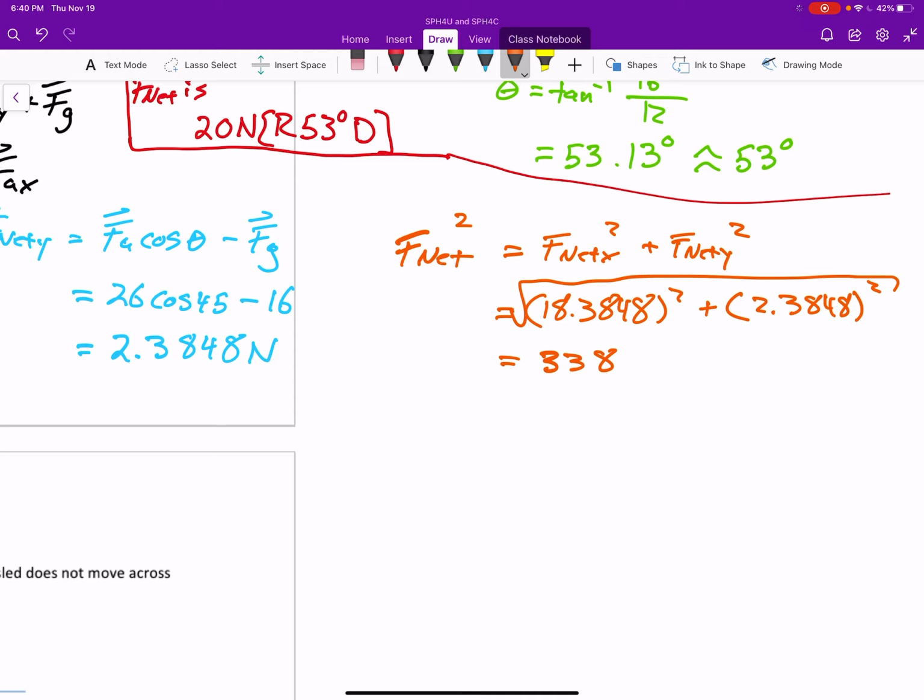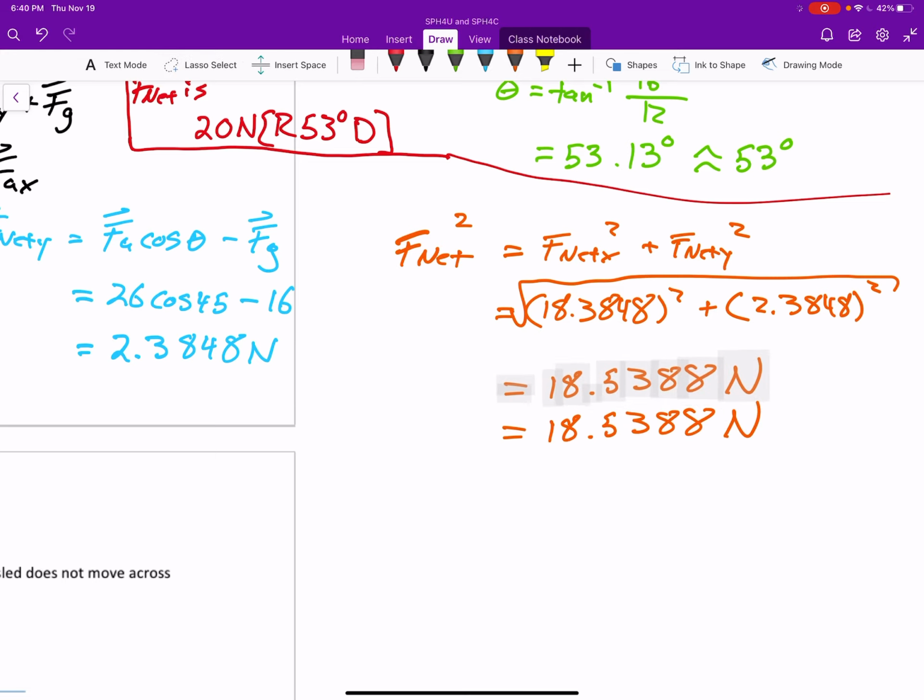I think that works. And then square root. So our F net should be equal to 18.5388 newtons. This was just my intermediate in case I lost my calc.